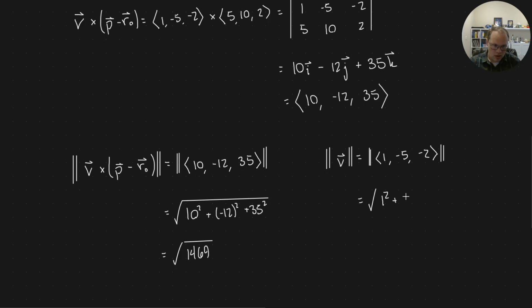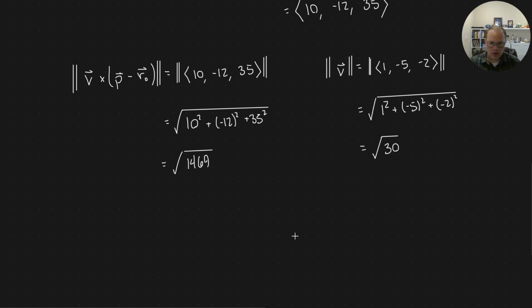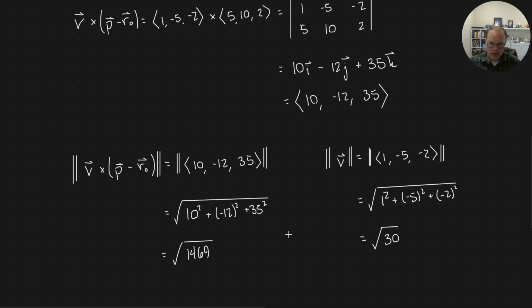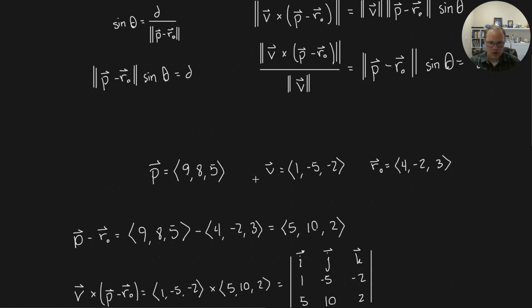That's 1 squared plus -5 squared plus -2 squared. It's 1 plus 25 plus 4 is 30. So I get square root of 30. And so put it all together. I have square root of 1469 on top, square root of 30 on the bottom. If I divide those, that will give me the distance I'm looking for.